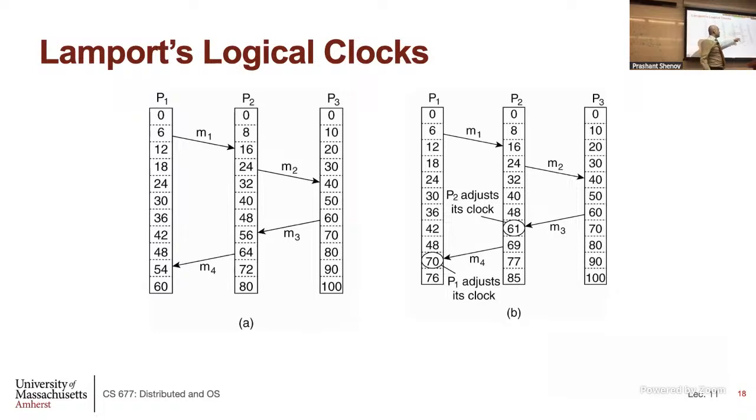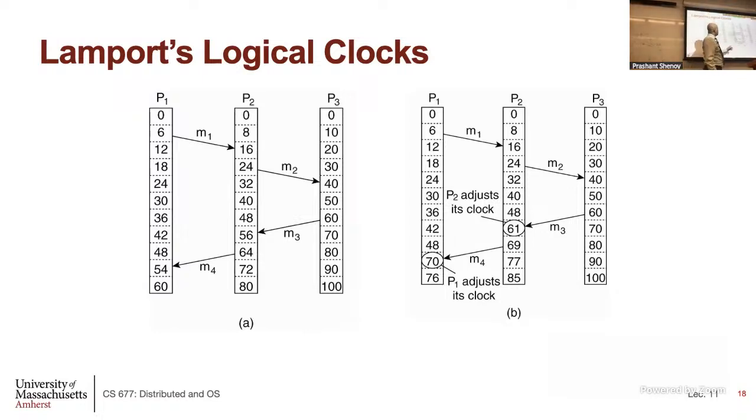And if you use that technique, you will take the max of 60 and 56 plus 1 and you'll set this to 61. So this means that that send and this receipt are now ordered. So all of the events in P3 before the send and all the events after the receipt on P2 get ordered based on this property.